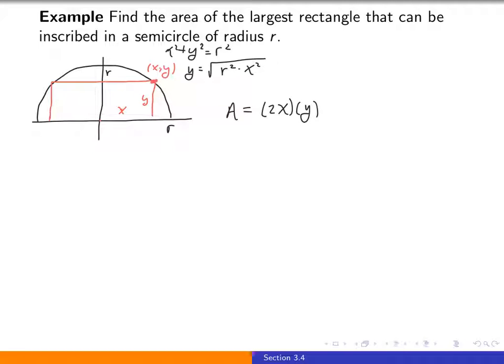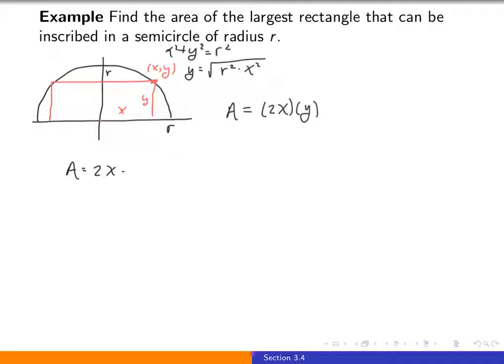And labeling the x and the y in such a way is just going to make this problem work as efficiently as possible. And what we would like to do now is get this in terms of a single variable. And in order to do that, we note that y is equal to the square root of r squared minus x squared.